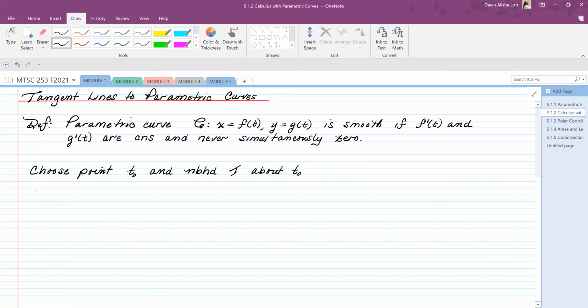All right, so let's let f prime of t naught be positive on this interval I. All right. So therefore, f of t is an increasing function on the interval I, and therefore it has an inverse.